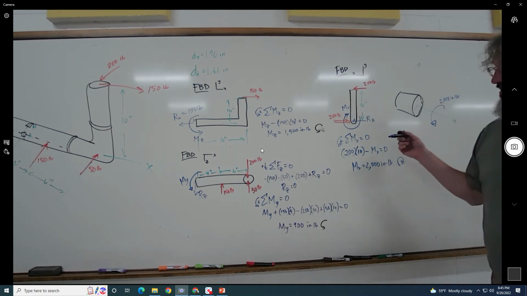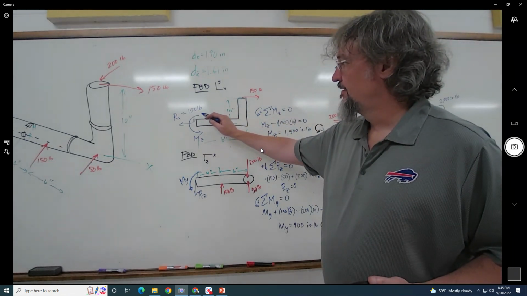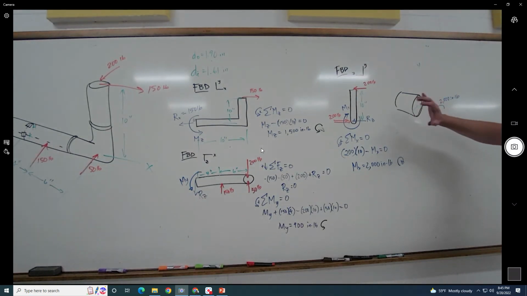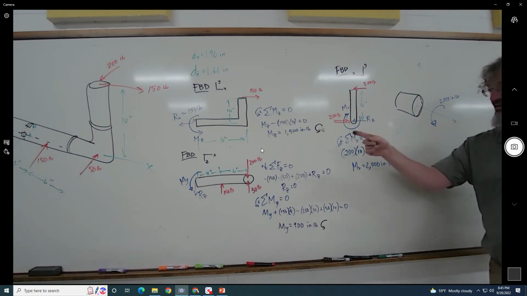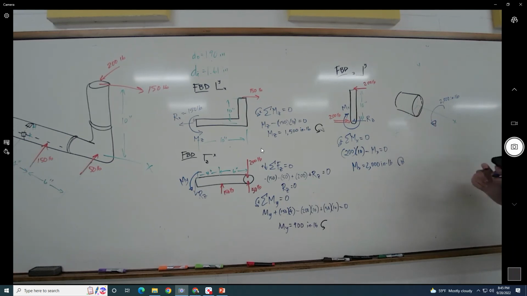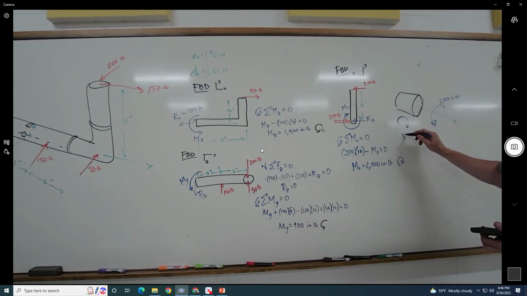And the same thing is going to be true over here for our moment about the Z. It would be counterclockwise, but it's actually clockwise, right? Because this was counterclockwise, so this one has to be clockwise, so it has to come back over that way right there. And that's 1,500.